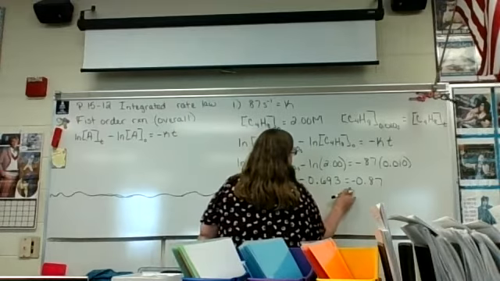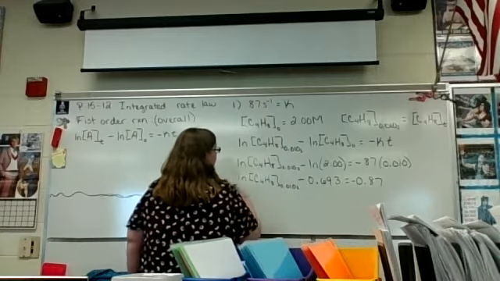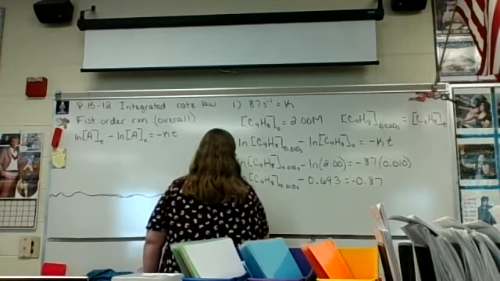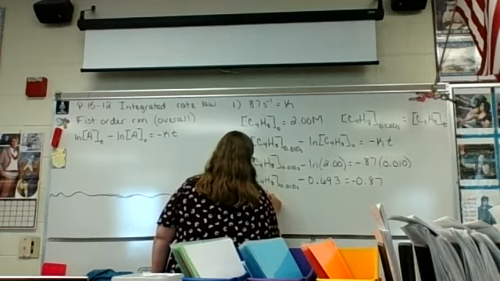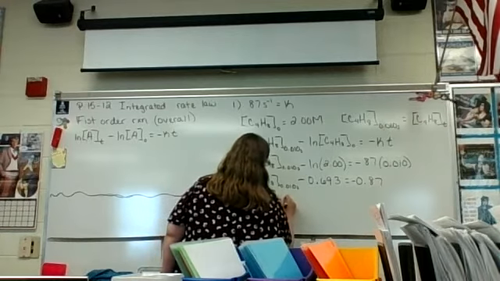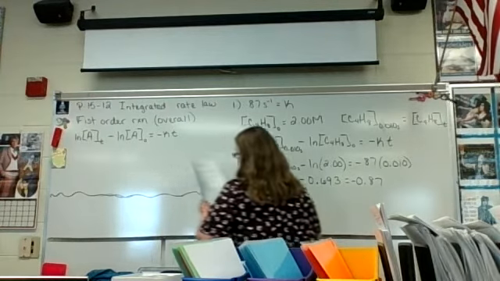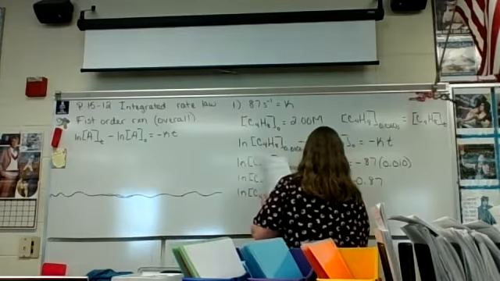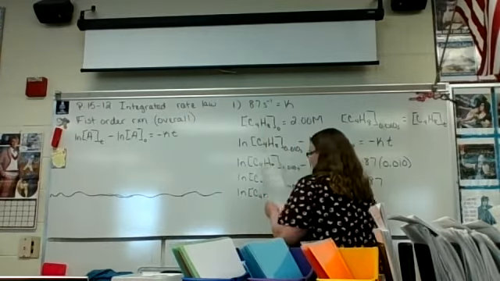Move the 0.693 to the other side by adding, of course. And the natural log of the C4H8 concentration at 0.010 seconds is going to equal negative 0.177.